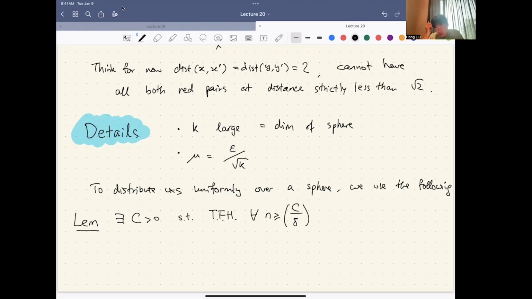This c is an absolute constant, but please check.